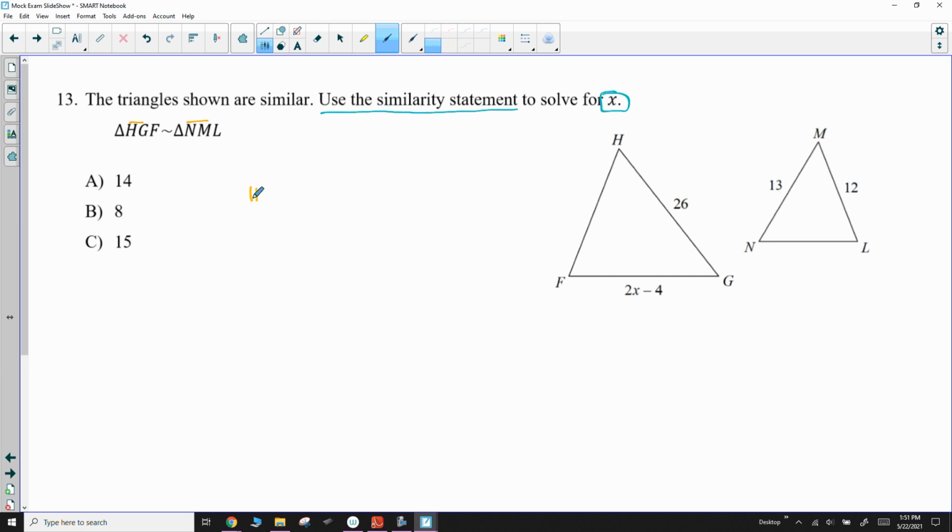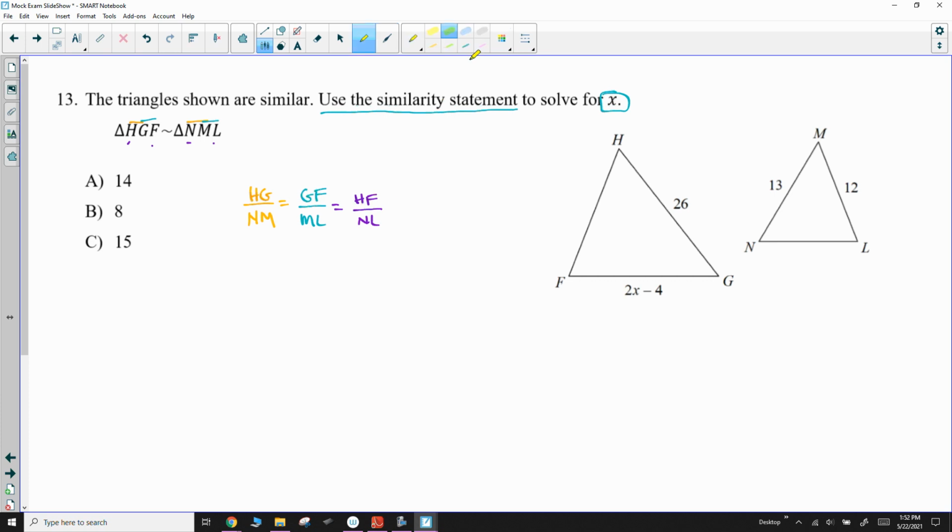So if I said the length of side HG divided by the length of side MN is equal to the length of these two corresponding parts, so the length of side GF divided by the length of side ML, that ratio is also going to be equal to the first and third over the first and third, NL.